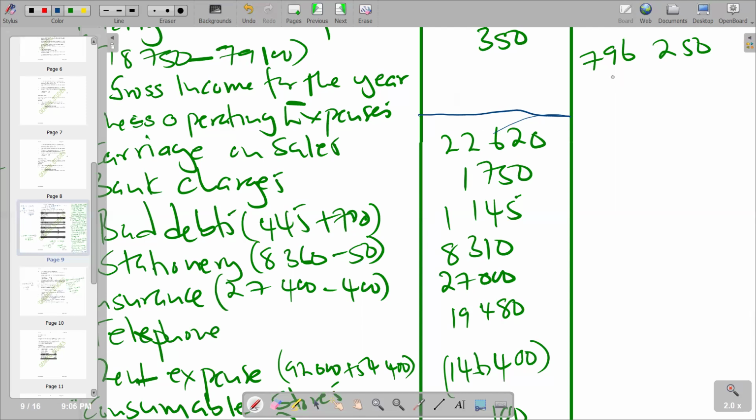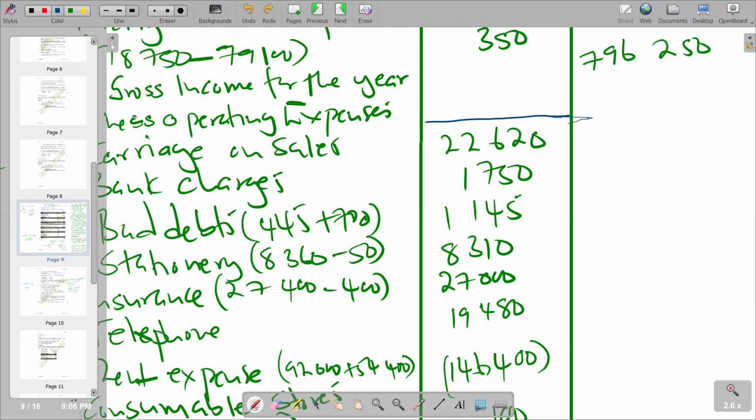Here is our total expenses figure. So we can just add there to get our total expenses figure, and put a proper line.